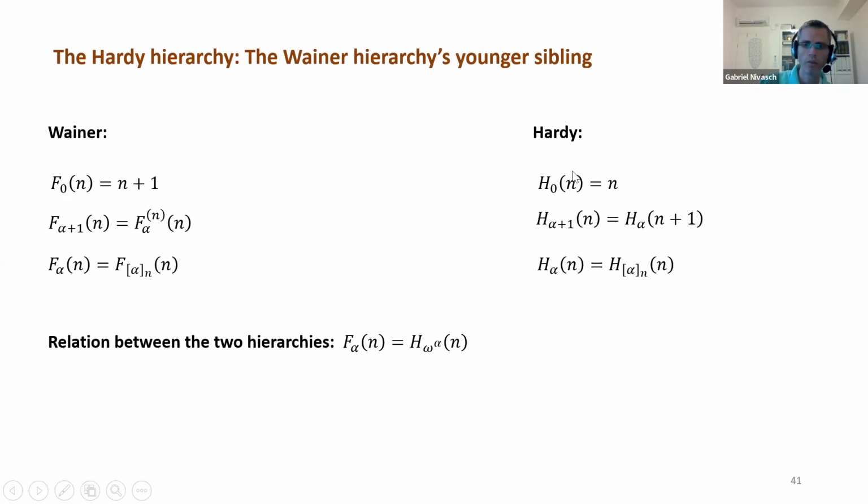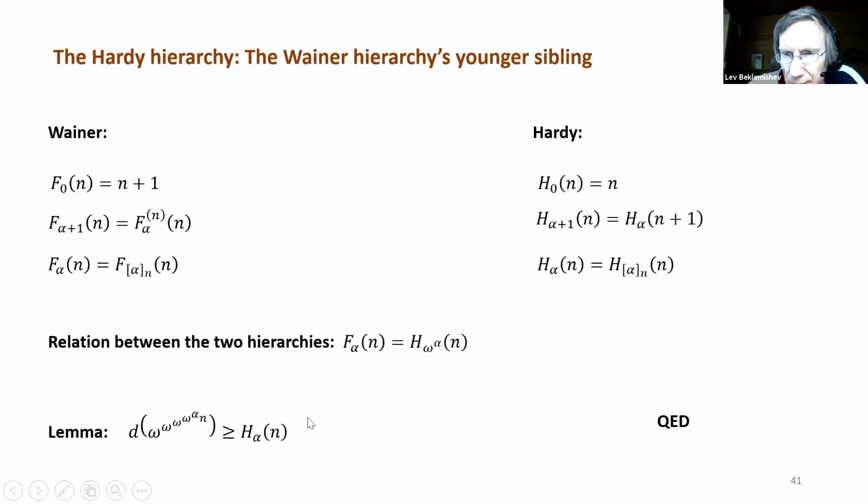So even though this grows slower, it doesn't grow that much slower. And so what we do, working very hard, is show that d of omega to the omega to the omega to the omega to the alpha times n is at least Hardy alpha of n. And that's how you get this fast growth, this lower bound. I'm not going to give any more details.